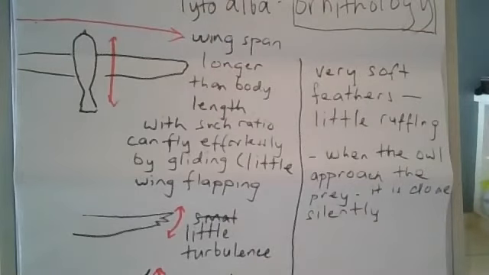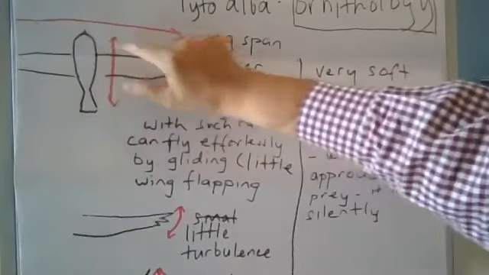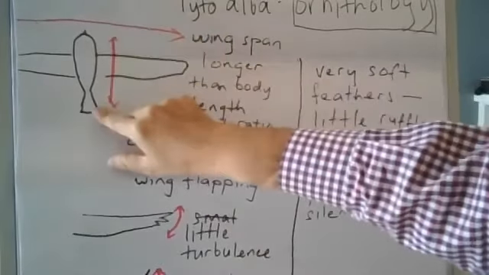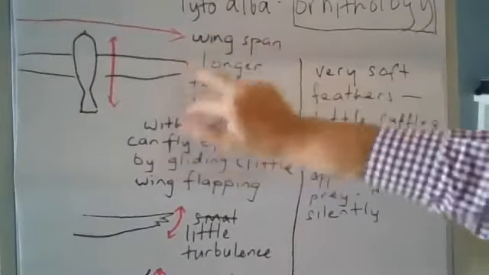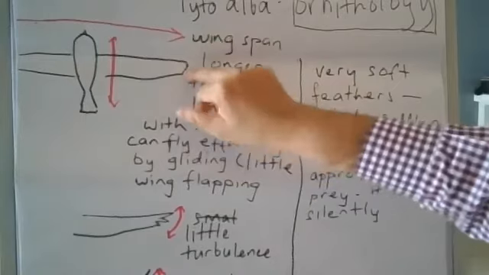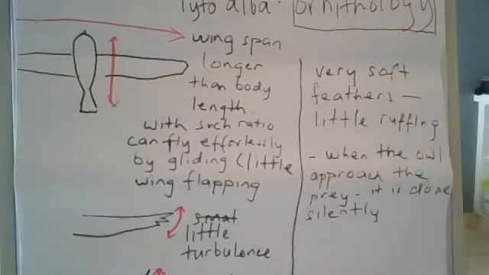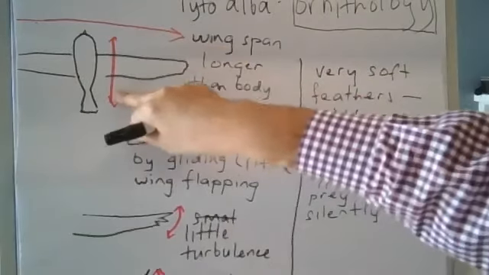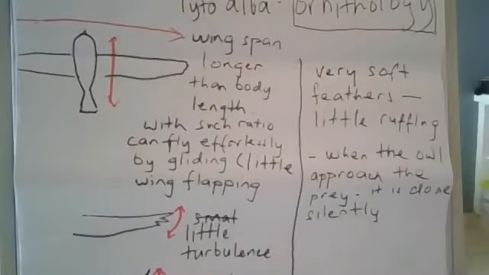And you compare the body length, okay, which stands from the beak to the tail end. Compare it with the wingspan from the wingtip of the right wing to the wingtip of the left wing. So we see that the ratio of the wingspan to the body length is substantially positive.